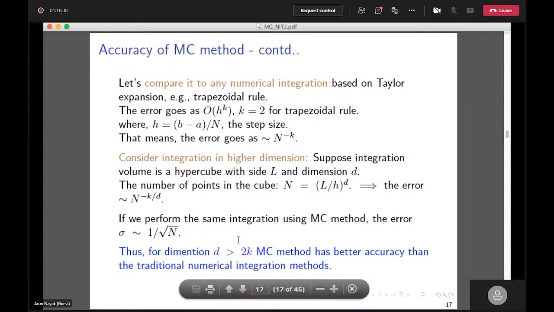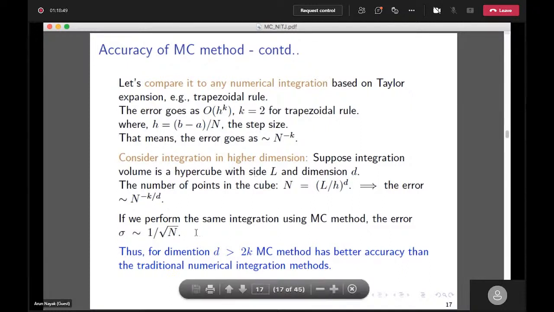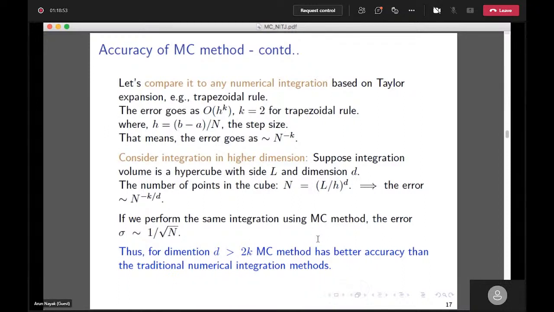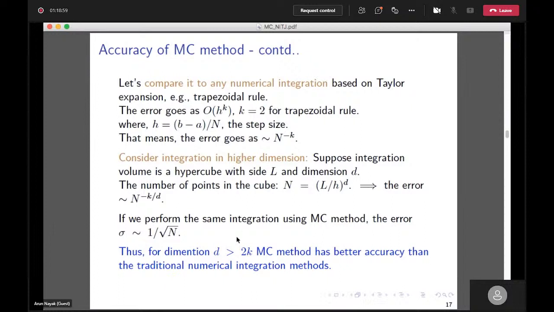The Monte Carlo method will perform better, but of course for one dimension and simpler functional forms, the numerical integrations would be better. So Monte Carlo methods have better accuracy than the traditional numerical methods for higher dimension and for complicated regions where the standard numerical method is not easy.